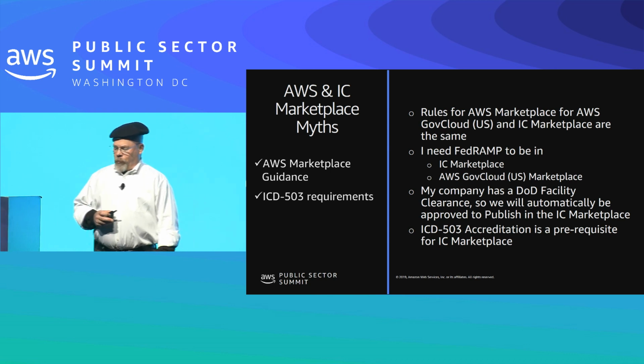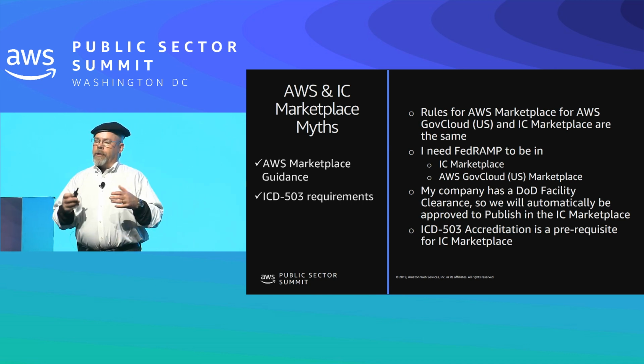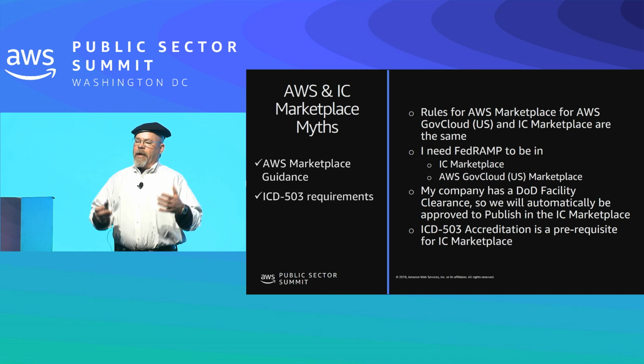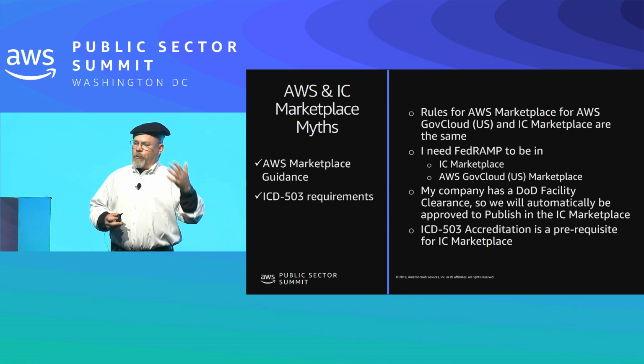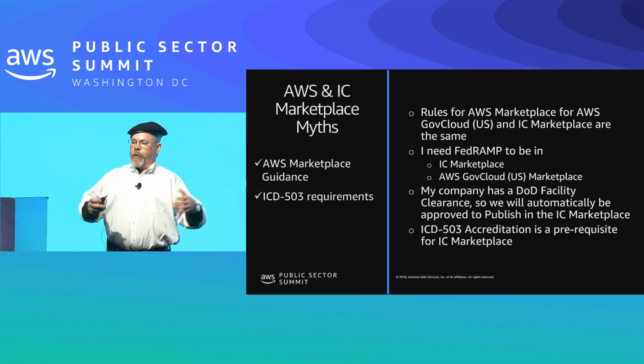Another myth here is around facility clearance. A DoD facility clearance, also known as an FCL, is an artifact of the DoD's implementation of the National Industrial Security Program. That FCL is managed by the Defense Security Service, and companies can get a top secret or a secret facility clearance. But the intelligence community is broader than just DoD.